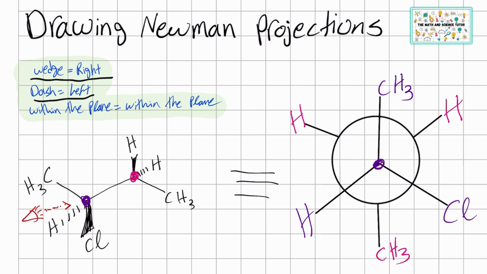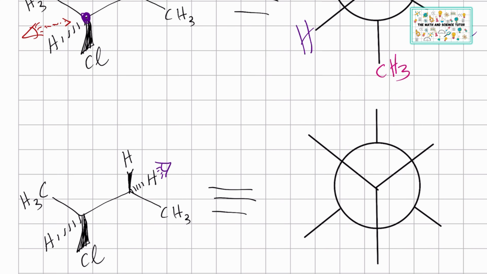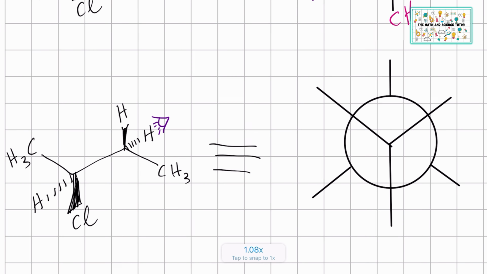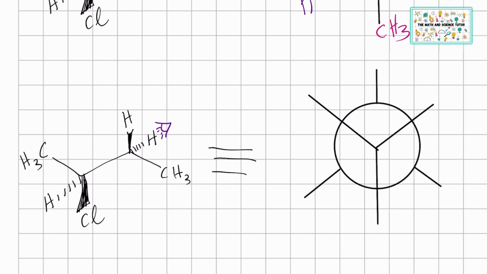Alright, now let's say we want to look at it this way. So if we're looking at the compound this way with this carbon being in the front, as you can see, the element that's within the plane, the methyl group, is facing downwards, which is why over here we have the structure drawn like so.